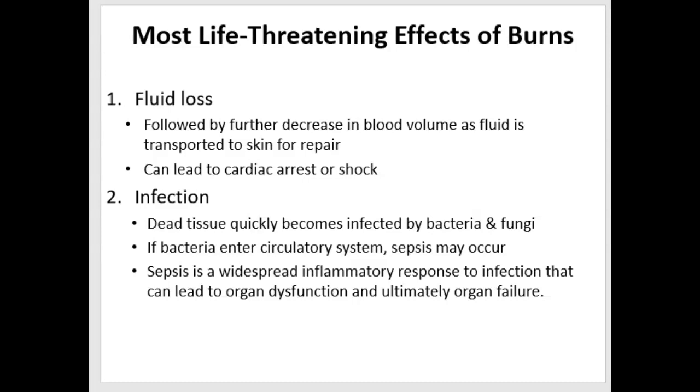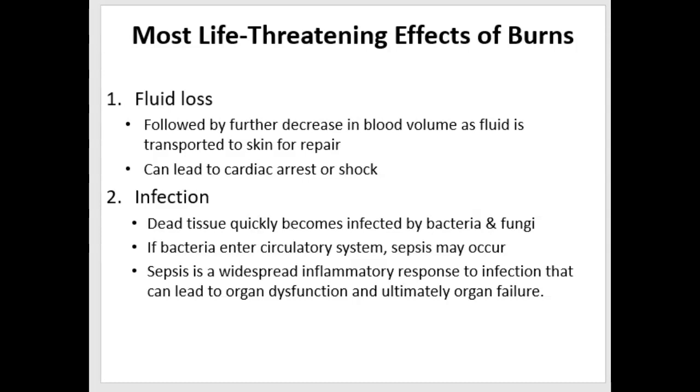But blood volume will go down even further as the repair process takes place. Fluid will be transported to that site of injury for repair, and the decrease in blood volume can cause the heart to go into arrest, so cardiac arrest, or you can have what is known as circulatory shock. There's just not enough blood to pump. So first, you have to replace the fluid, right?